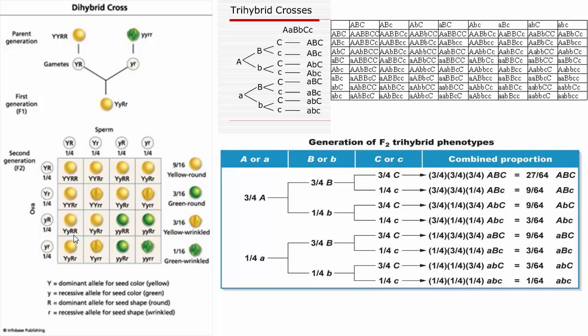Here is an example, A, B, and C. If the parents are hybrid for A, B, and C, we end up with 8 possible gamete combinations. You could have big A, big B, big C, and so forth. You can set this up using a little tree to help you see the various gamete possibilities. And so each parent has 8 possibilities.